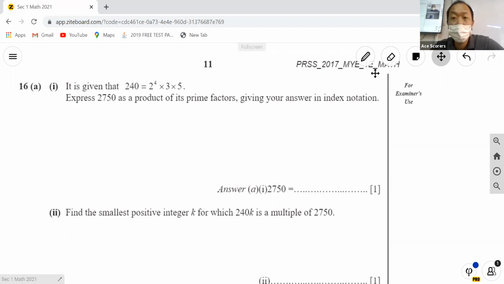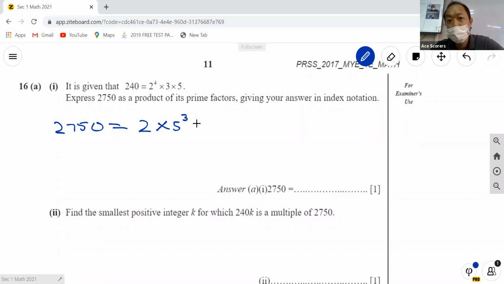So that's 2 times 5 cubed times 11. Okay, is it correct? You get the same thing? Yeah. Alright, 2 times 5 cubed times 11.